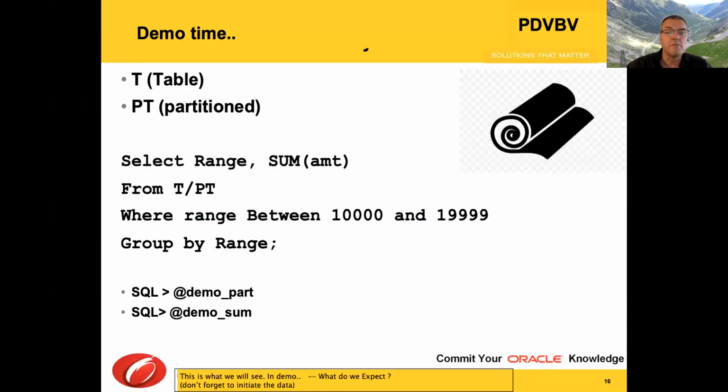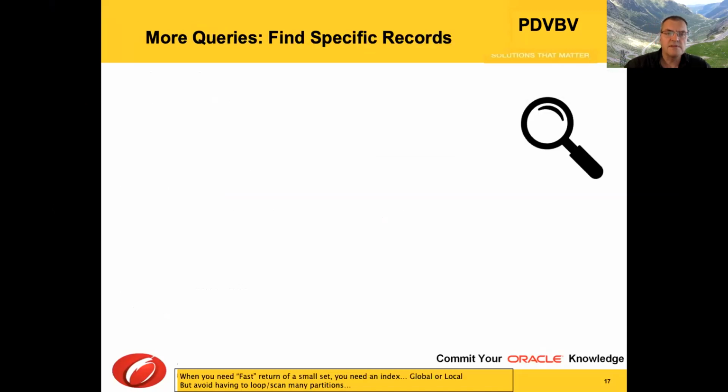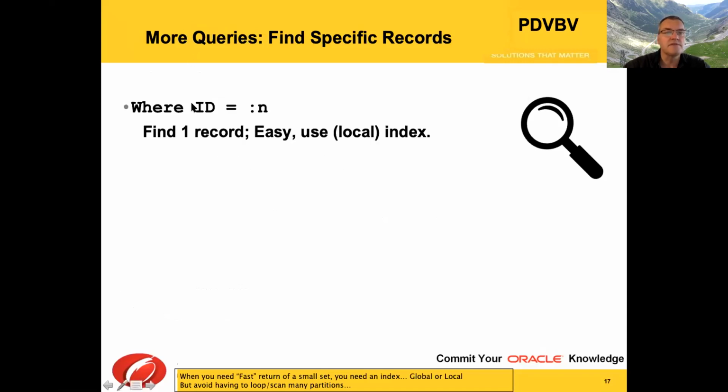So that was the demo of scanning a small part of your table, scanning a single partition. There is more to it. If you want to find specific records, that's fine, as long as you're looking for something that has the partition key. If you look for an ID that is a number, that'll be good. You can use the local index.